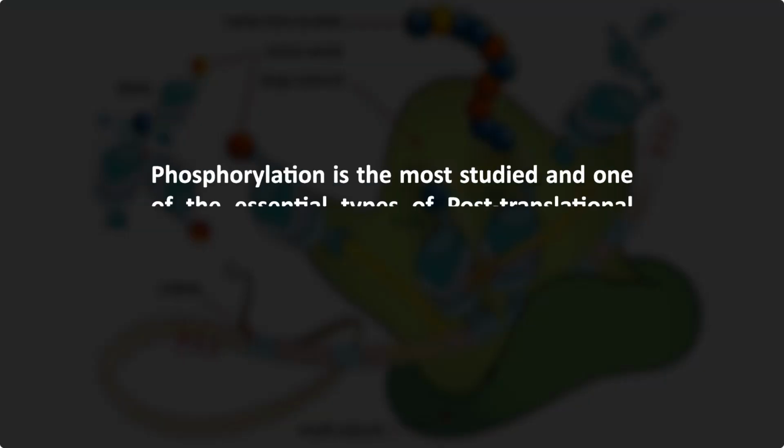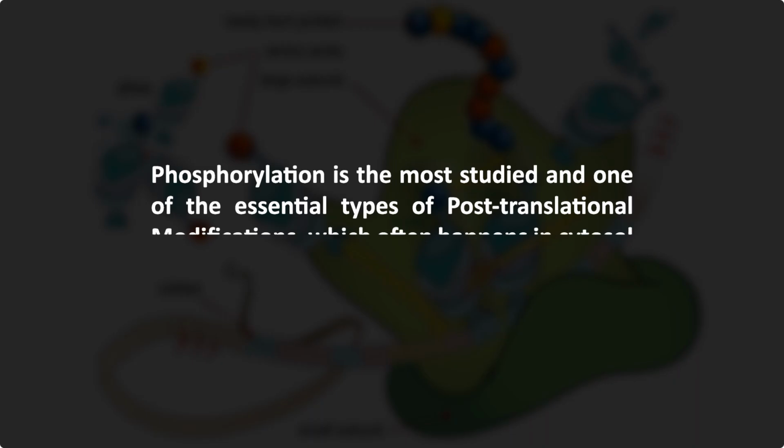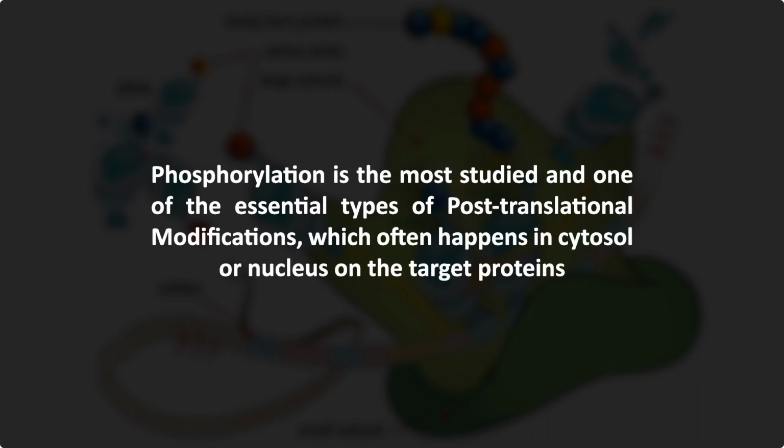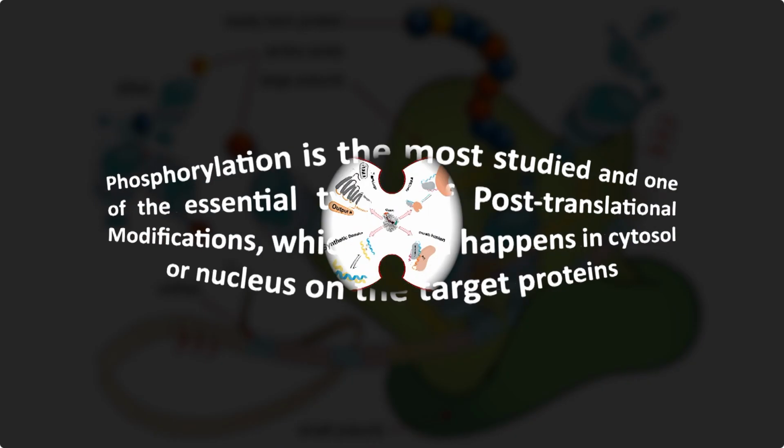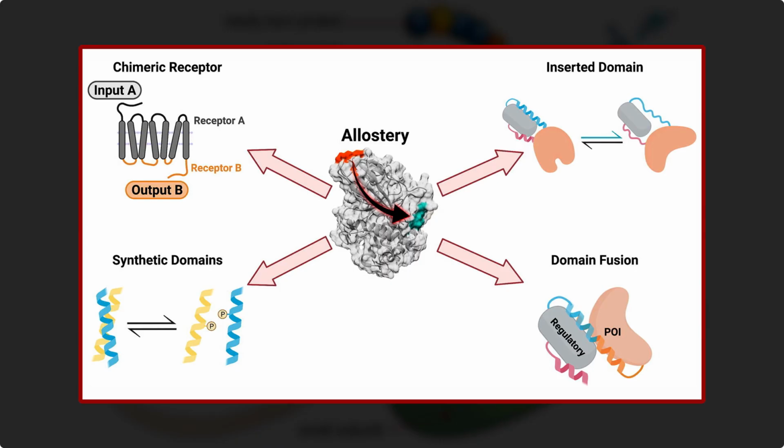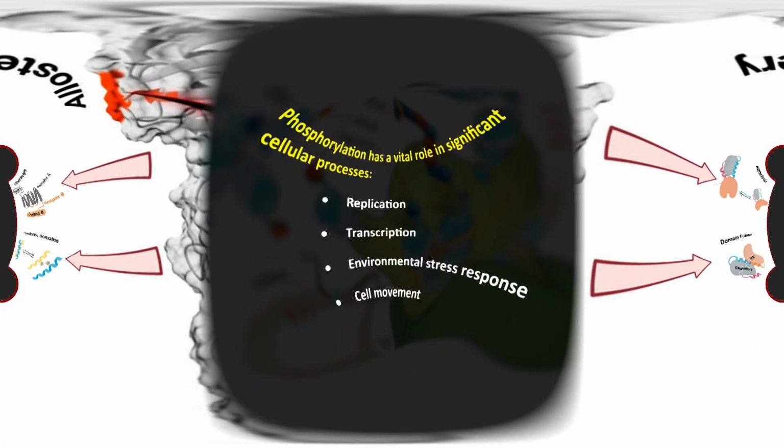Phosphorylation is the most studied and one of the essential types of post-translational modifications, which often happens in the cytosol or nucleus on the target proteins. This modification can change the function of proteins in a short time via one of two principal ways, by allostery or by binding to interaction domains.